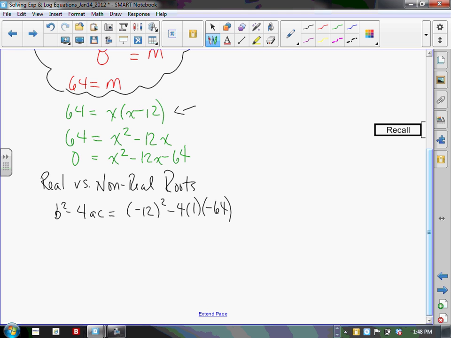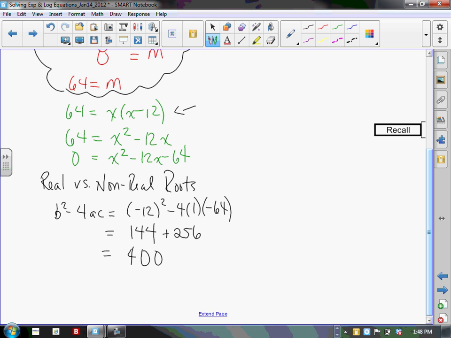And as you can see, we are going to end up with a positive value. So we'll have 144 plus 4 times 64, which should be 256. Okay, so just double check that we've got that right. We'll add these together. So let's see, 6 and 4 make 10, carry the 1, another 10, and it looks like we have 400.